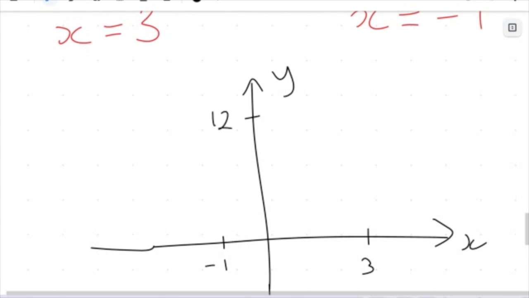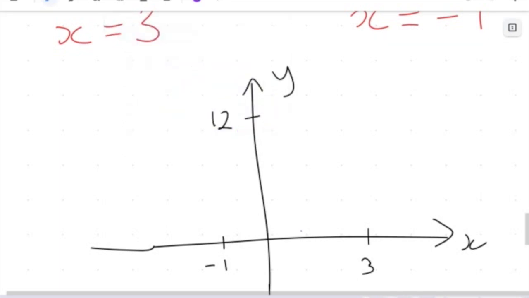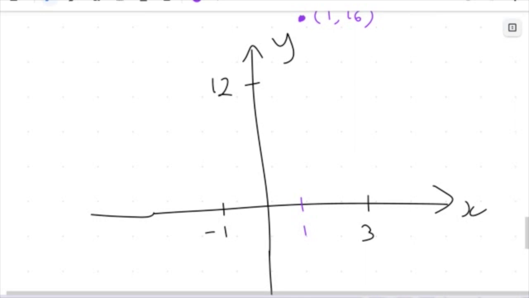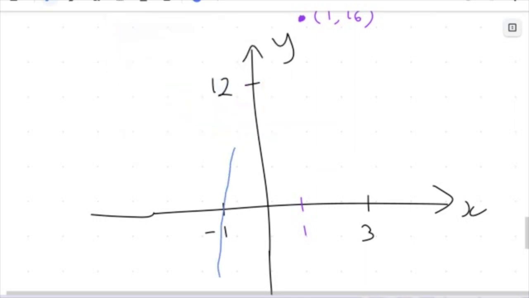And I have a maximum turning point at 1, 16. So that's about up here. So my turning point 1, 16. And if I wanted to sketch this out, I would get something that looks like this. Passing through my y-intercept and coming back down through my other x-intercept here.